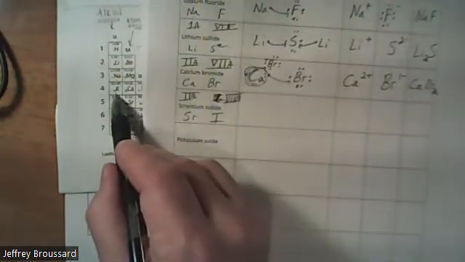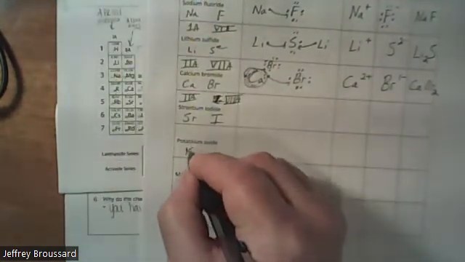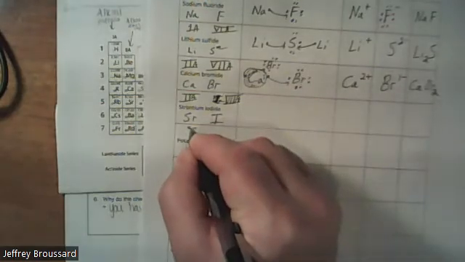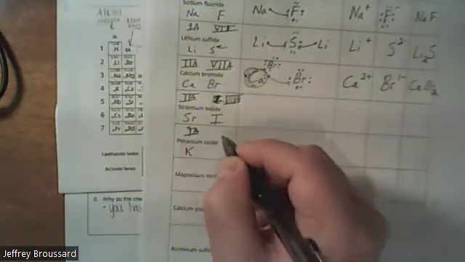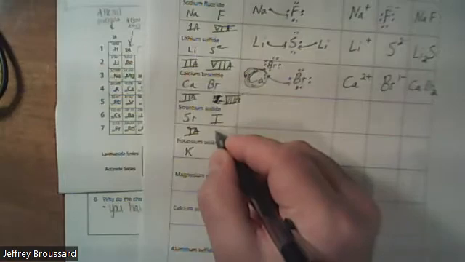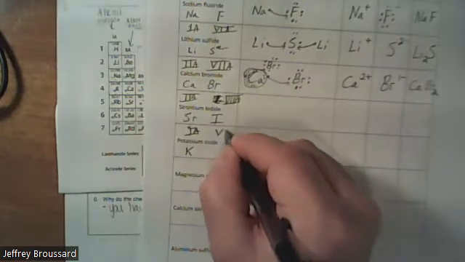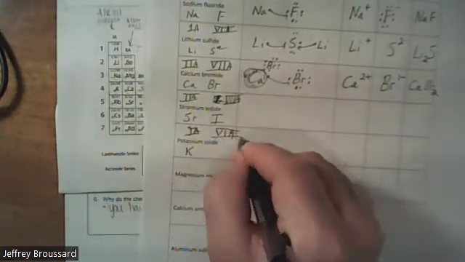Potassium, that's K. Potassium's right here, K. That's going to be group 1A. And oxide is group 6A. That's an oxygen. And let's see, would this be a good problem to work through in the video?